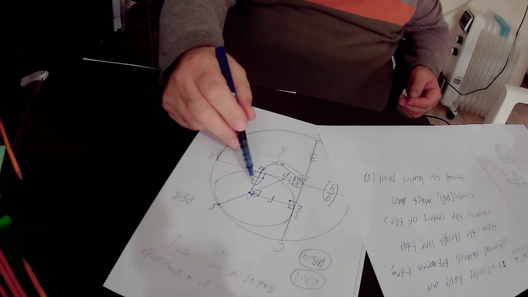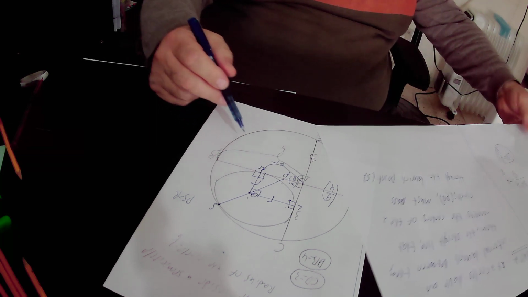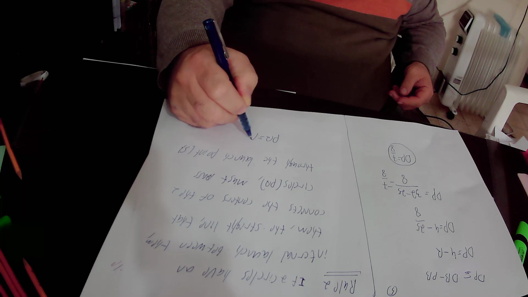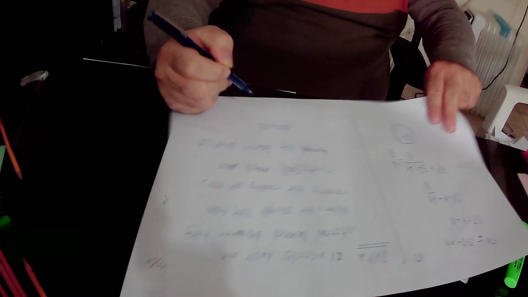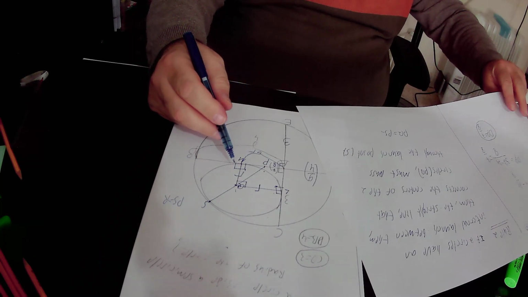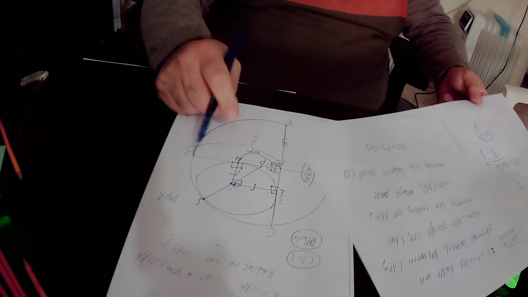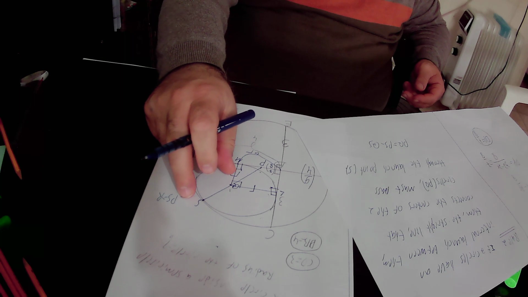So PS minus QS equals PQ. Repeat again: PQ equals PS minus QS.